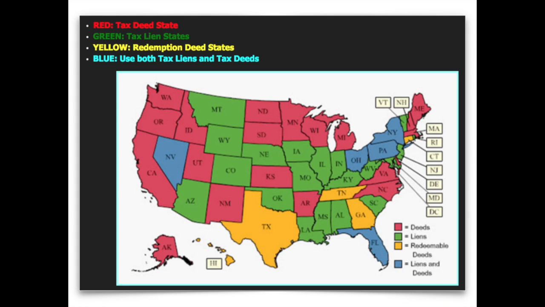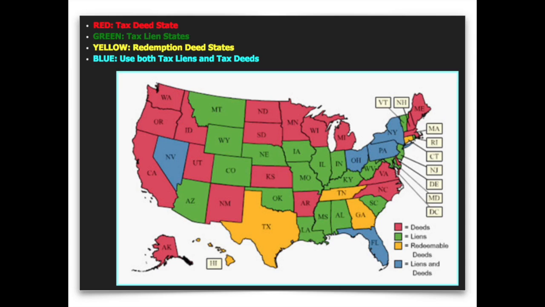Now, this is a breakout of the map and how the states are split up according to liens, deeds, and redemption deeds. The states that you see in yellow are the redemption deed states. The red are tax deed states, and the green are tax lien states.